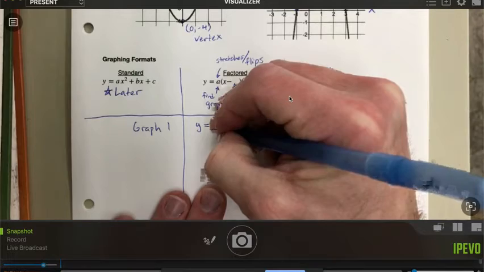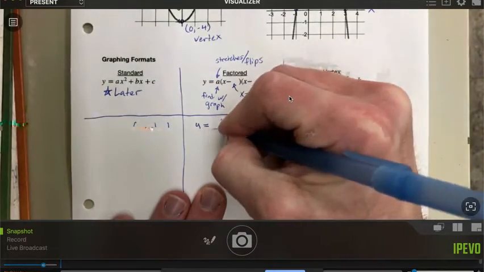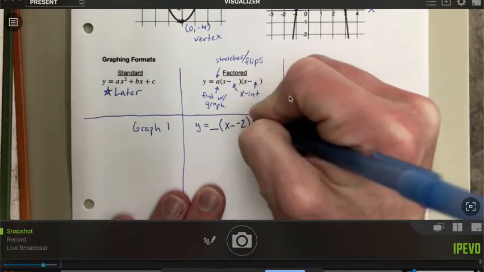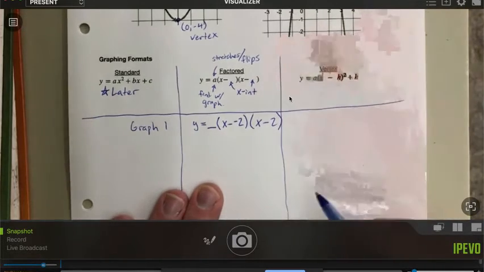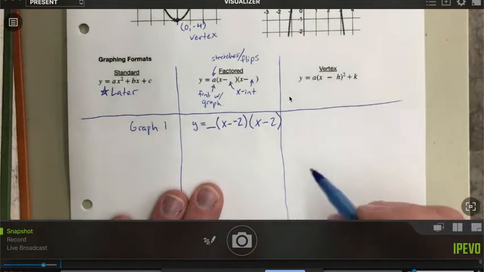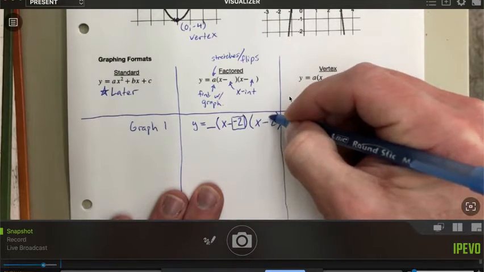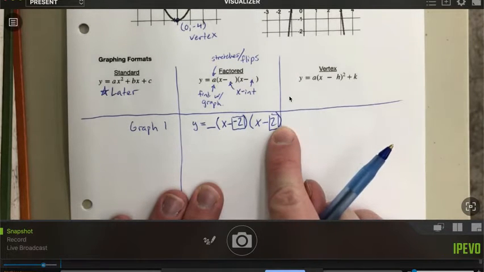I'm going to leave a blank here for A. I don't know what A is yet. But for my x-intercepts, as I said, -2 and +2, those are my x-intercepts. If you notice in the format, I put in a -2 and a +2.